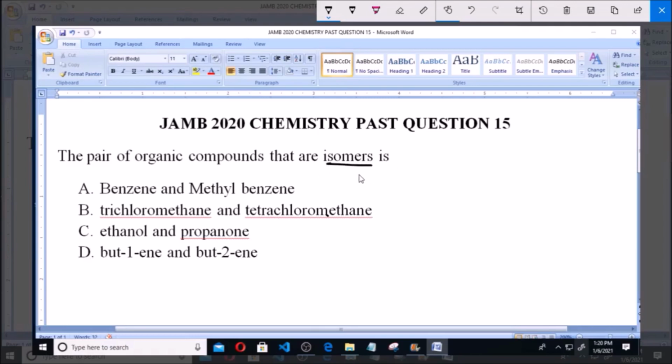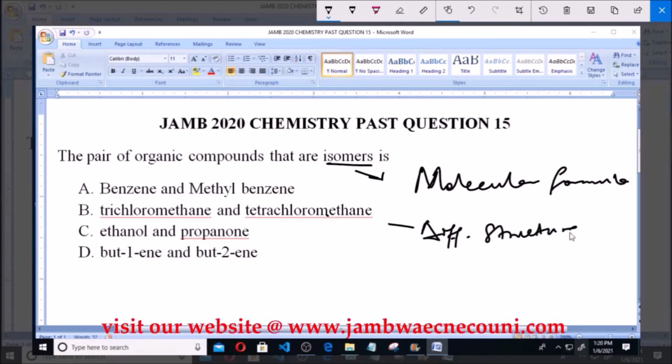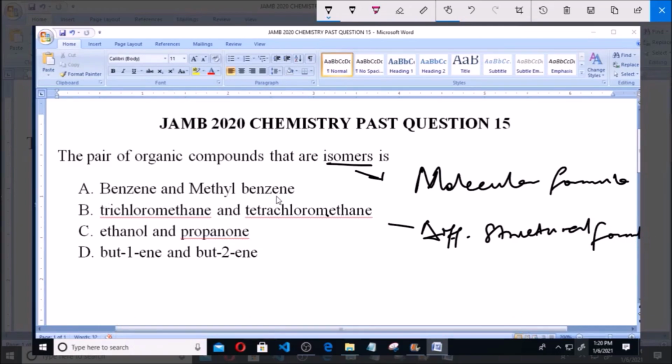Now we're talking about isomers. Isomers simply refers to compounds with the same molecular formula but different structural formula. Now looking at these compounds, benzene and methylbenzene have different molecular formulas.